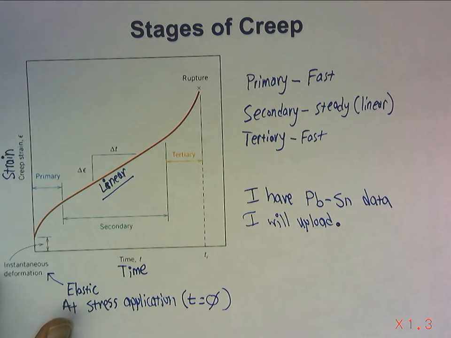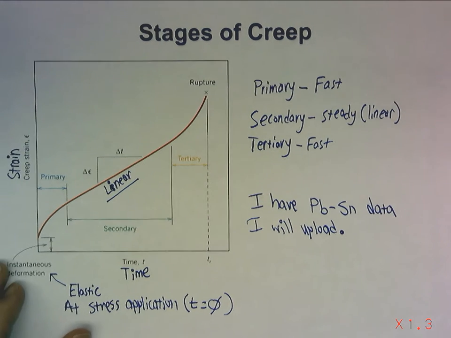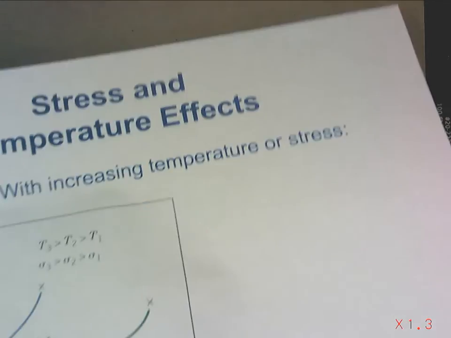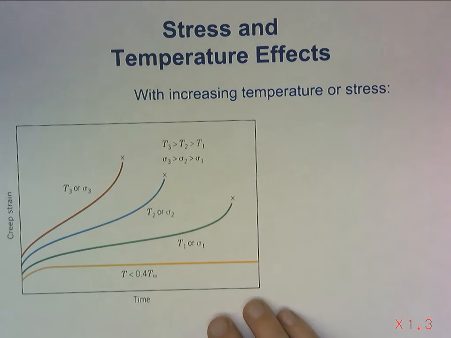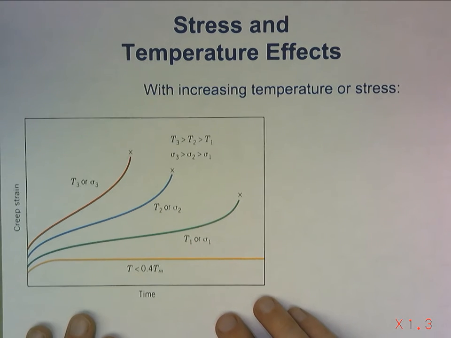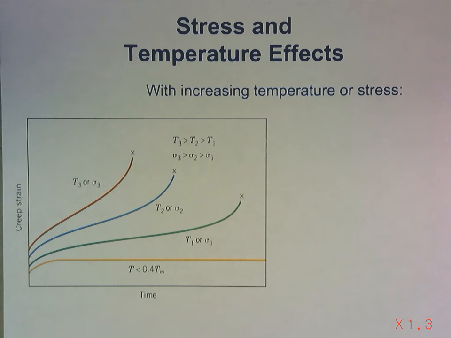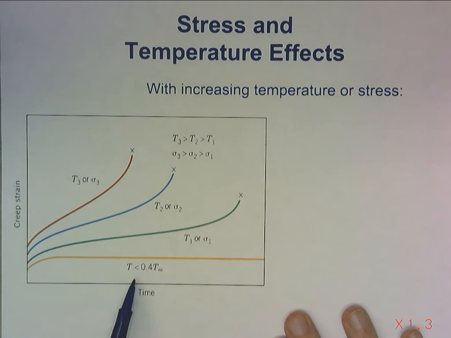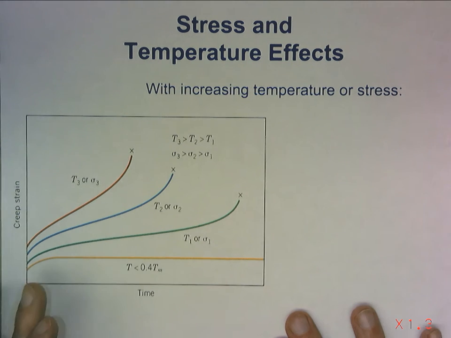Okay, so moving on to our next thing. Things that affect the speed at which creep happens. Okay, down here at temperatures less than about 40% of the melting temperature. Again, we've got creep on the y-axis, time on the x-axis. So this is just schematically looking at the behavior.